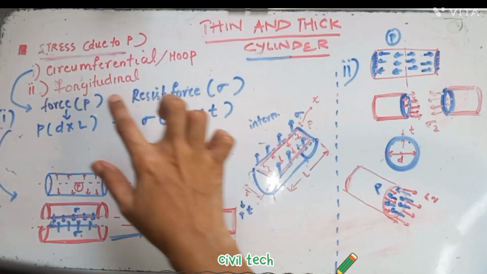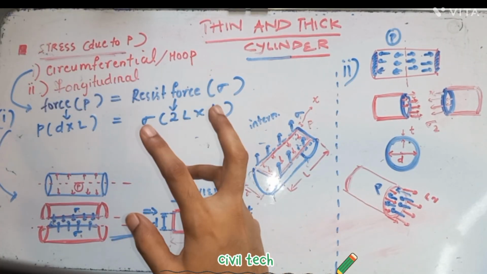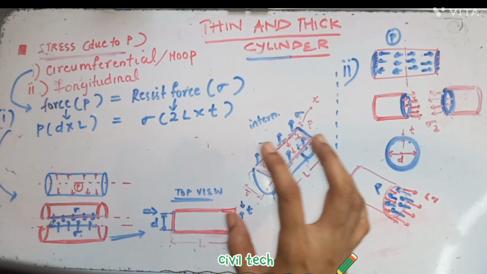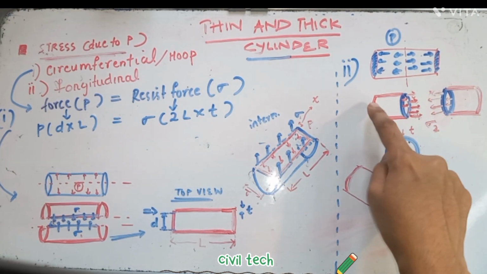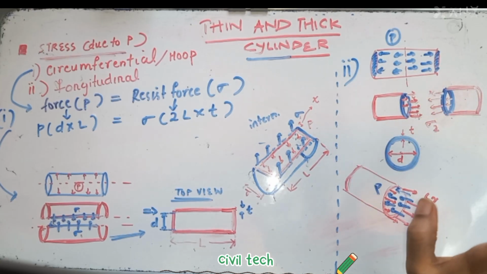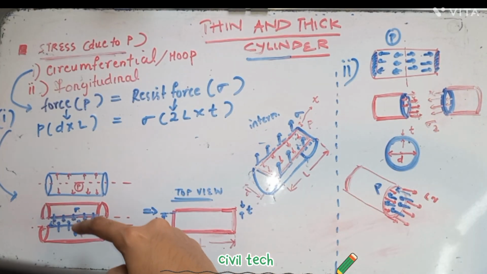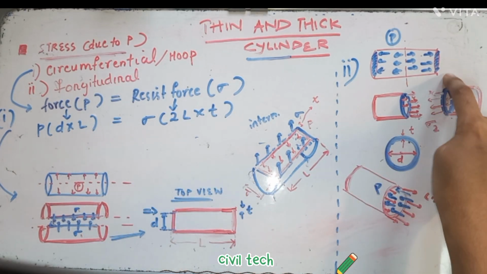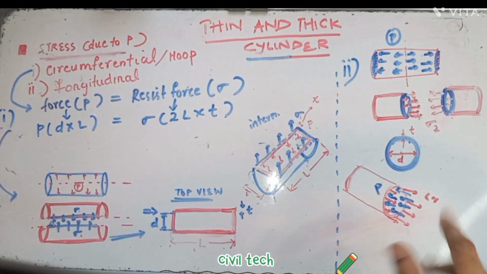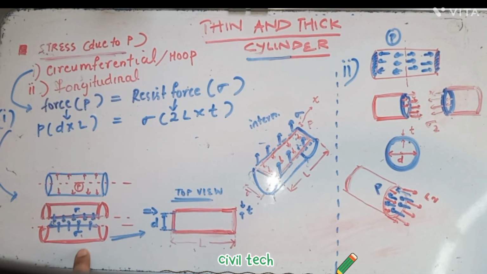Longitudinal stress means the stress acting along the lengthwise direction of the cylinder, and the other acts along the circumferential direction, that is why it is known as circumferential stress, and as it is along length, it is longitudinal stress. Sigma 2 is longitudinal and sigma 1 is the hoop stress or circumferential stress. So first we will see circumferential stress or hoop stress.